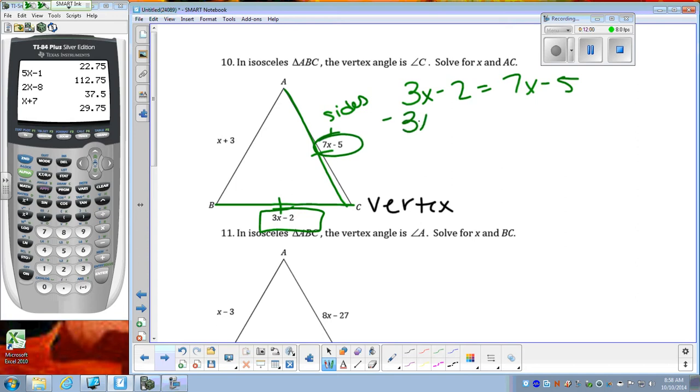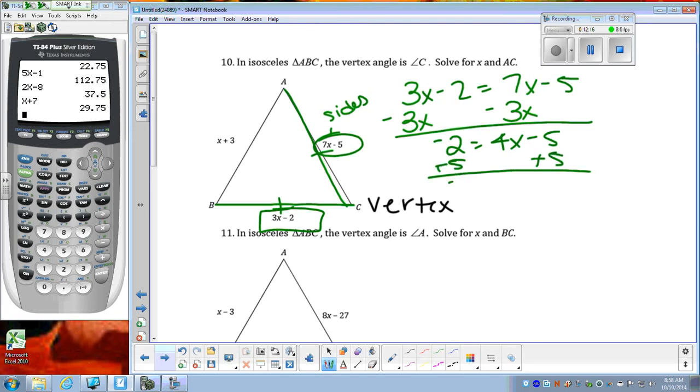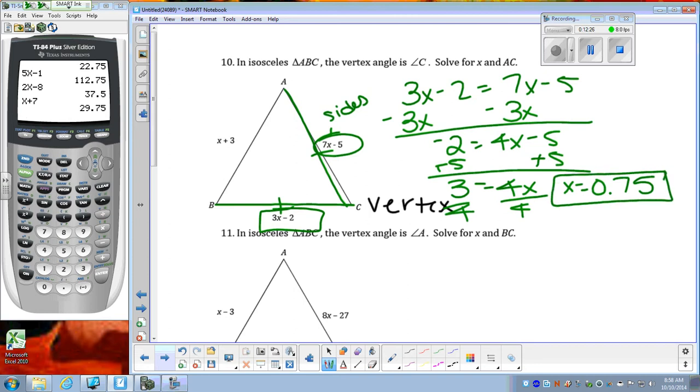Solve for x. Okay. Negative 2 equals 4x minus 5. Add the 5 to both sides. So 3 equals 4x, divided by 4. I get that x equals 0.75. However, I'm not done yet because it's also asking me to look for AC.